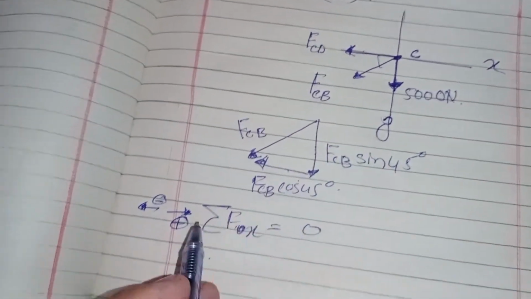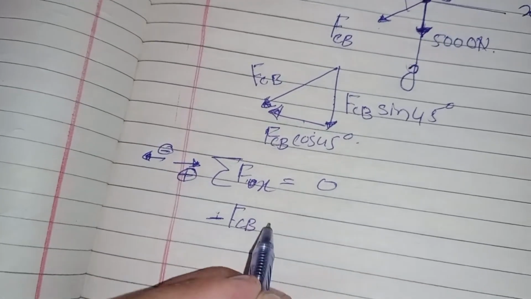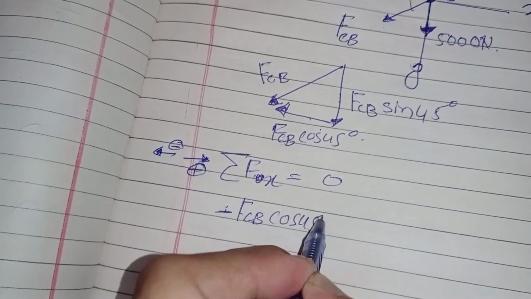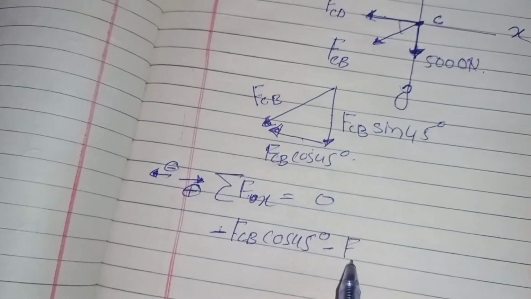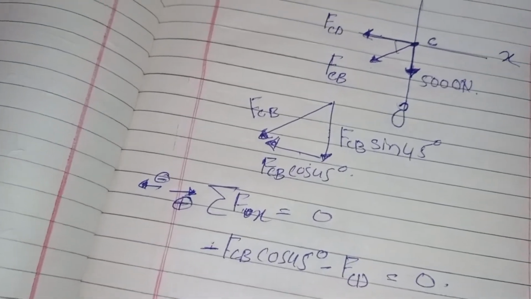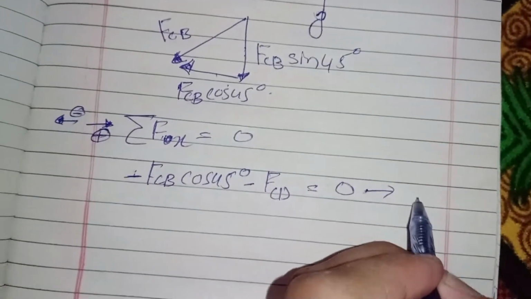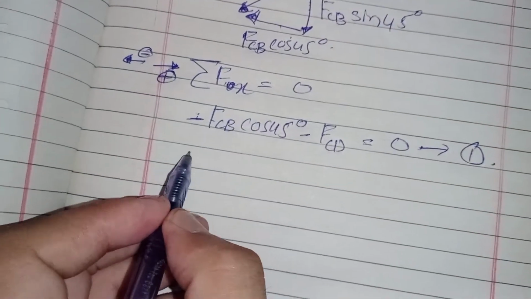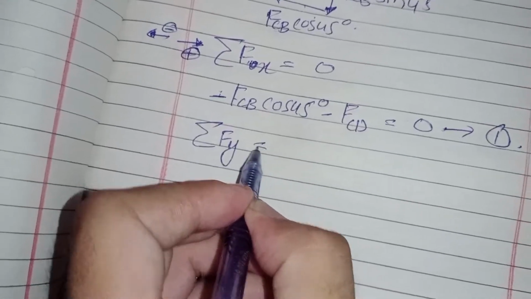This is the horizontal component, so negative FCB cos 45 degrees and also minus FCD equal to 0. There is not another horizontal force. So let's say this is equation 1.